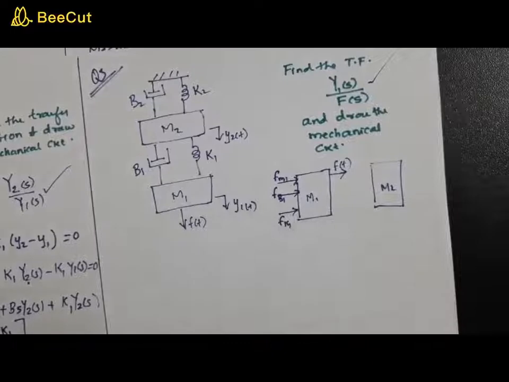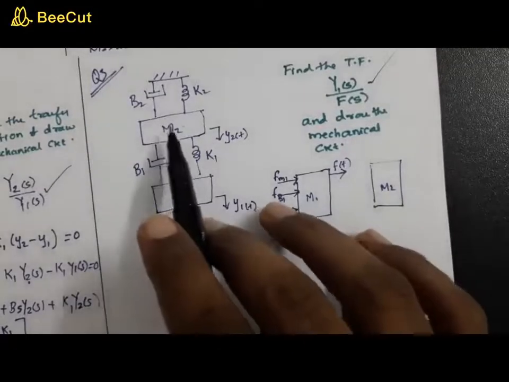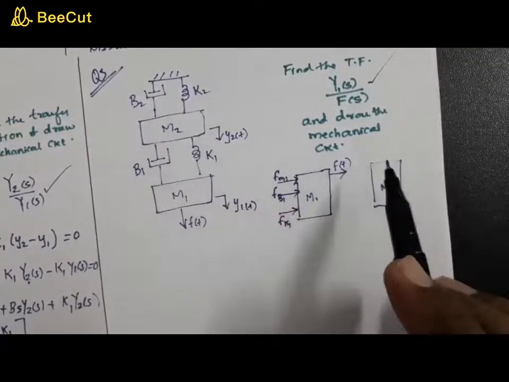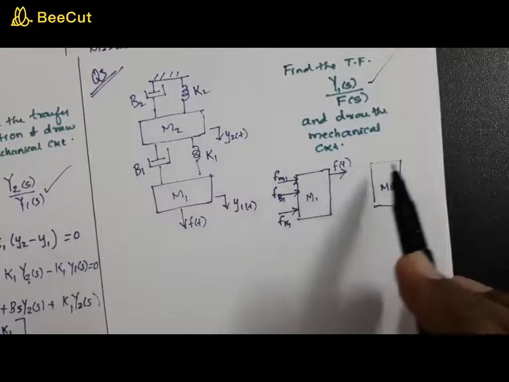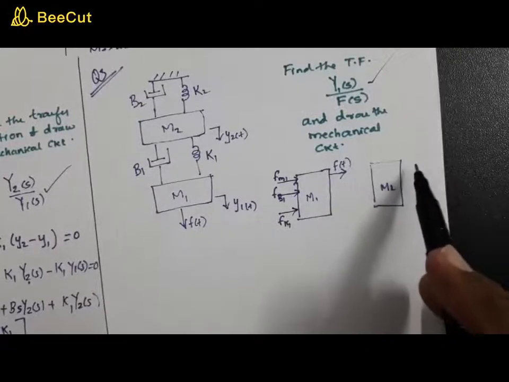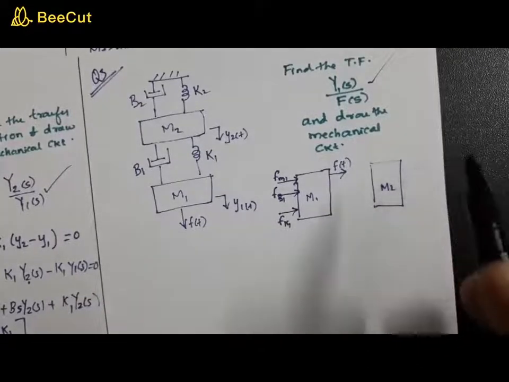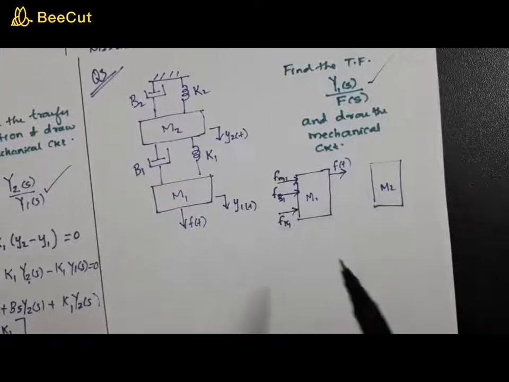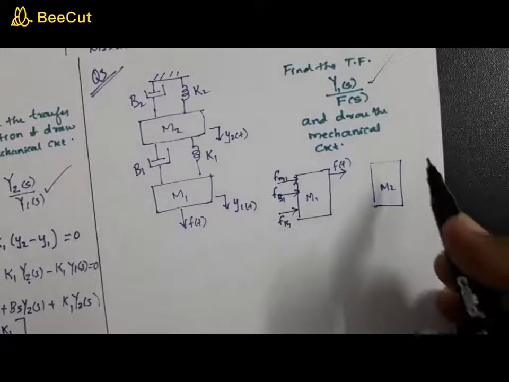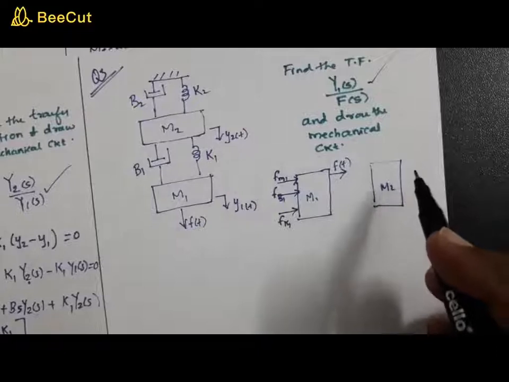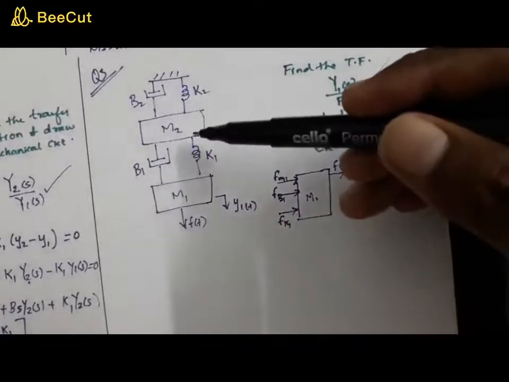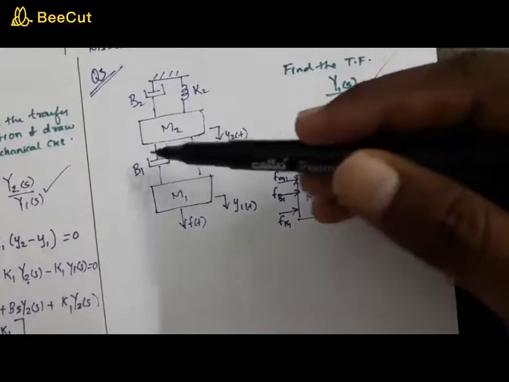Okay, now coming to M2. M2 is quite different. Number one, no external force is applied to M2. So there is no need of any arrow showing an external force going away from M2. Now let's see what are the various forces that M2 is concerned with. M2 is connected to K1 as well as B1.